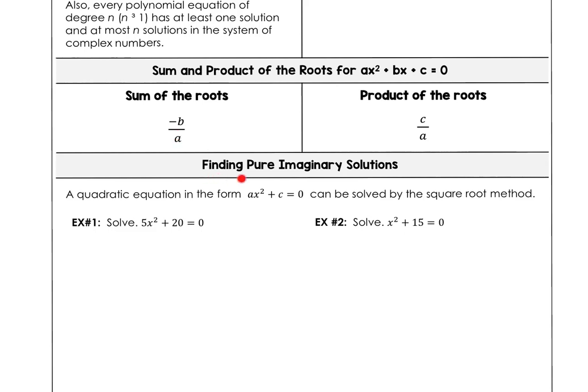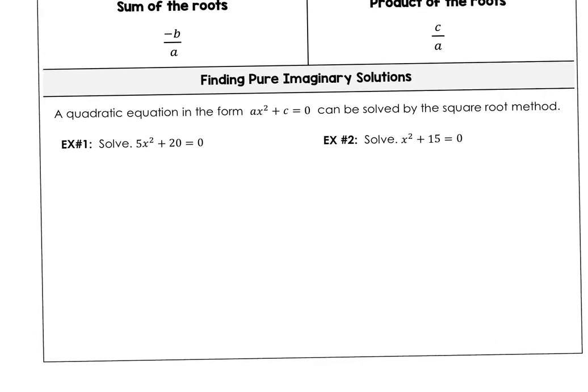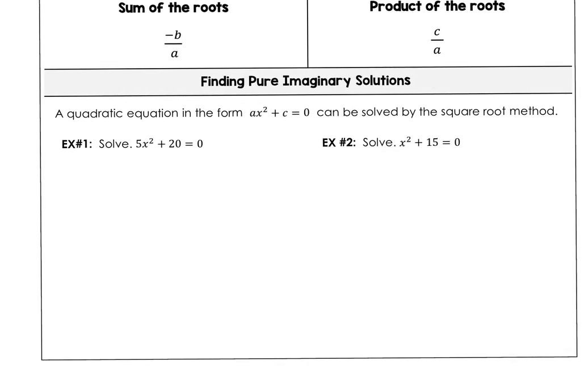But first we're going to jump into finding pure imaginary solutions using the square root method we talked about in our last lesson. So let's say we want to solve 5x squared plus 20 equals 0 using the square root method instead of factoring.